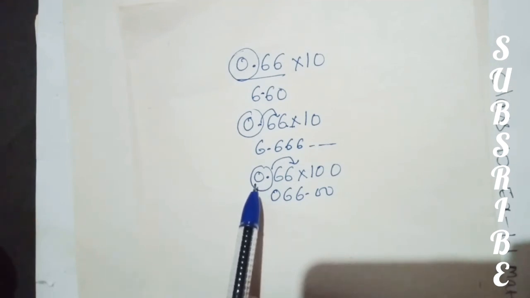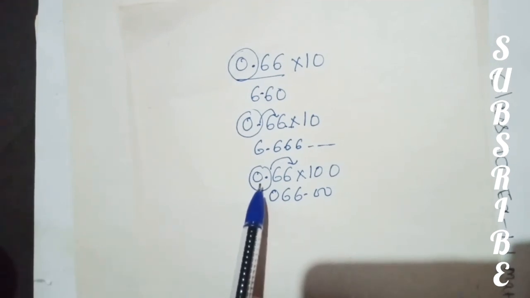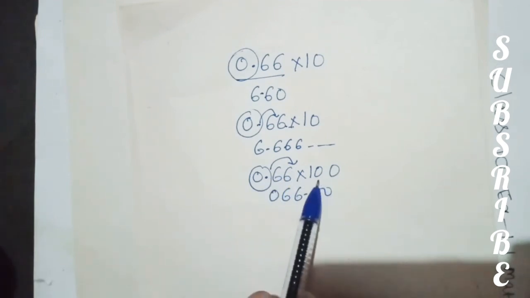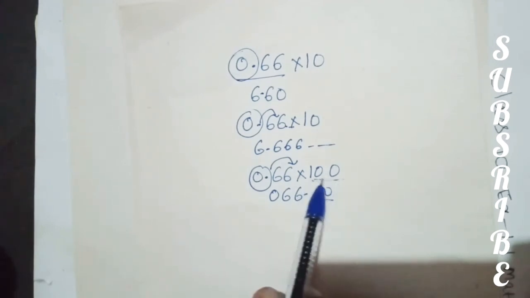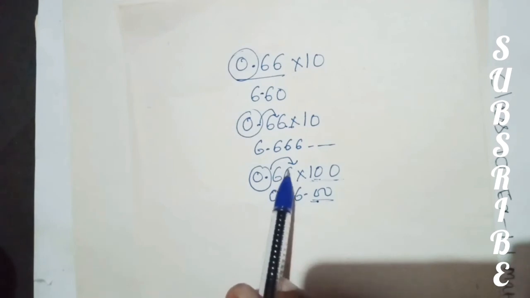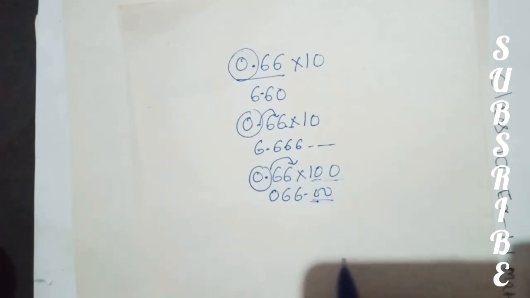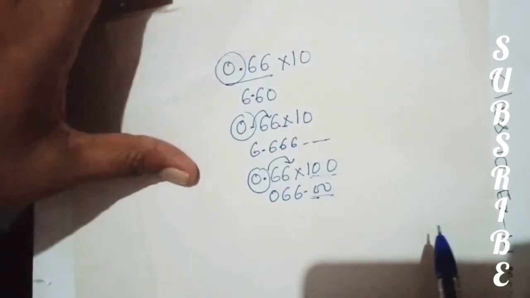Even if you have digits other than 0 like 1, 2, 3, you are going to keep that as it is. The decimal shifts depending on how many zeros you have in the multiplier. Okay, hope you understood this concept.